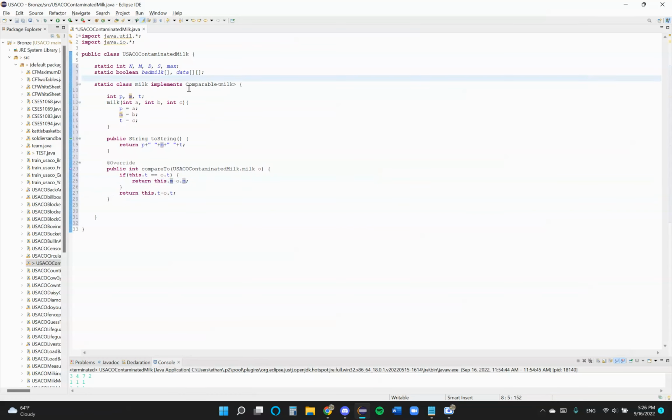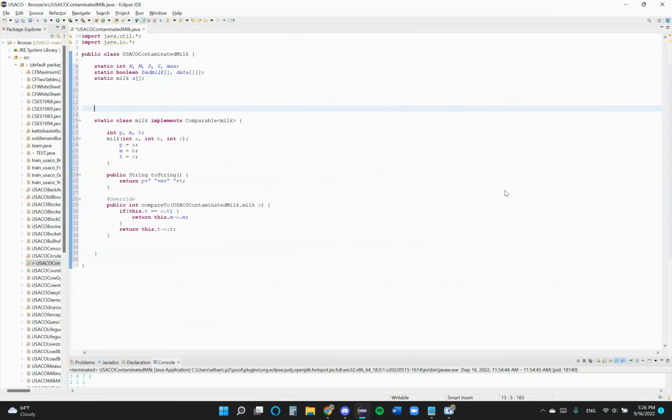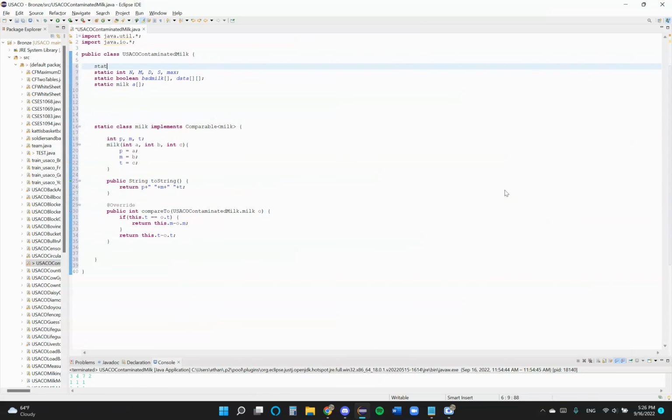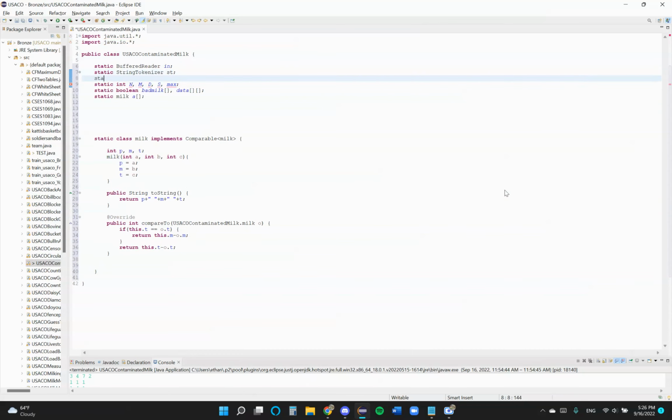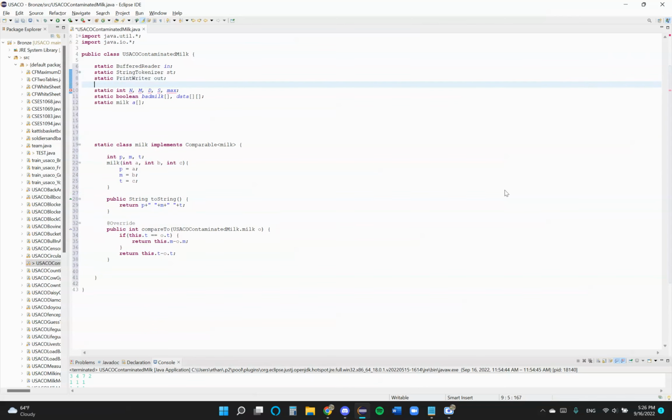And we're done with our class, so we create a static array. So static milk, let's call it A for array. And of course, we need static BufferedReader in, static StringTokenizer, and static PrintWriter out.